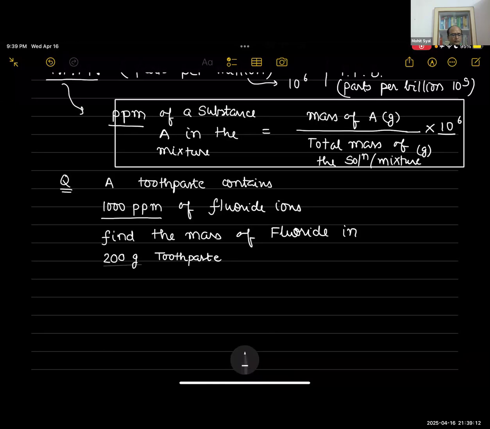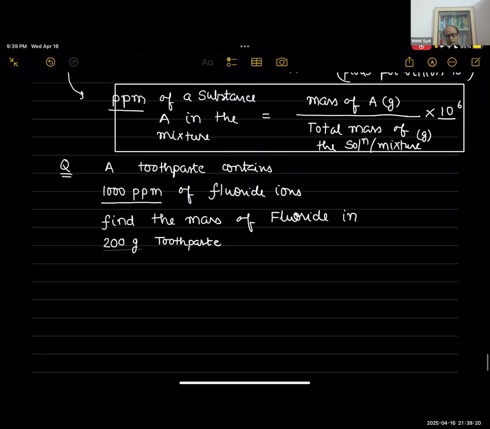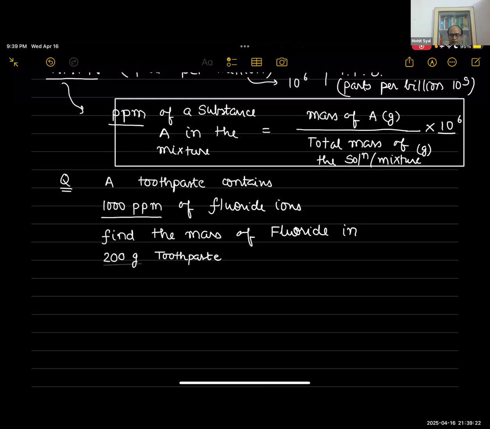Sir, I'm getting 0.2. What's the unit? And Aisha, what are you getting? Grams, right? 0.2. Hmm. Yeah, Aisha, how much? I'm getting the same answer.